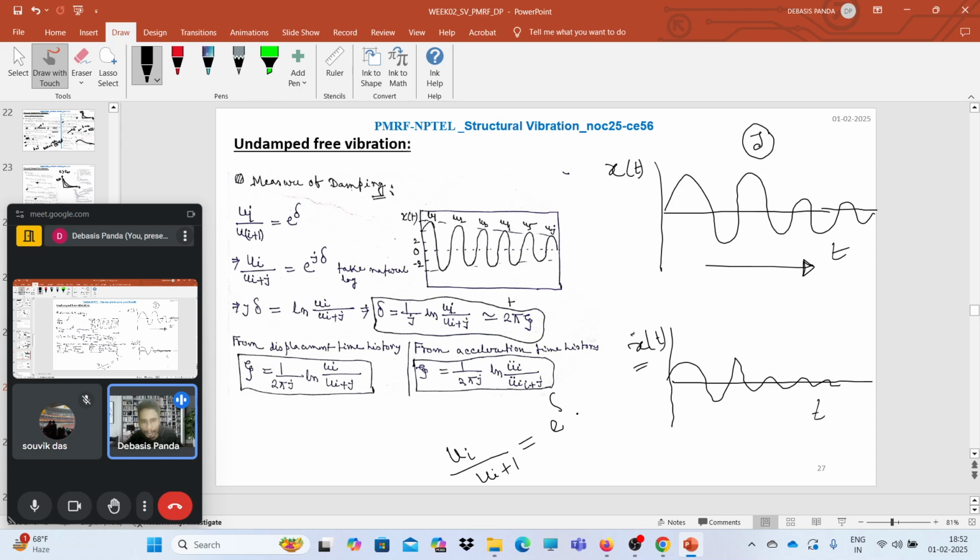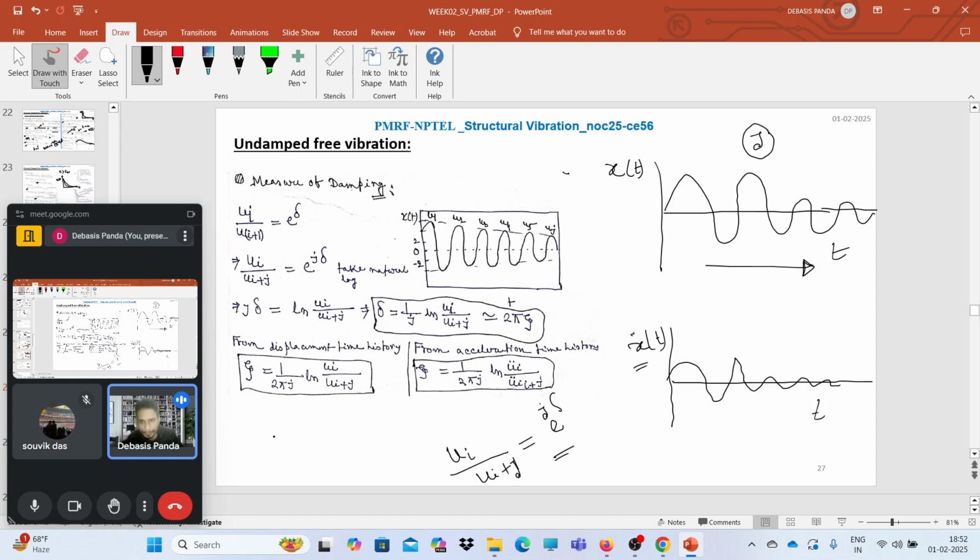So e to the power delta, where delta is nothing but your twice pi xi, or you can write it in a simplified way also. This is for one cycle. Now if we have j number of cycles, then ui by ui plus j will be e to the power j delta. Now take the log on both sides. What will happen?